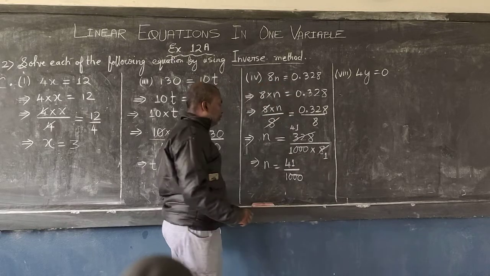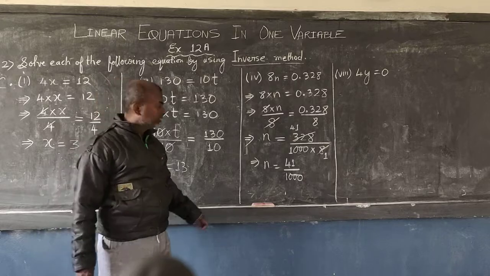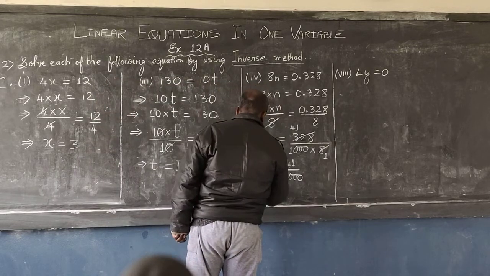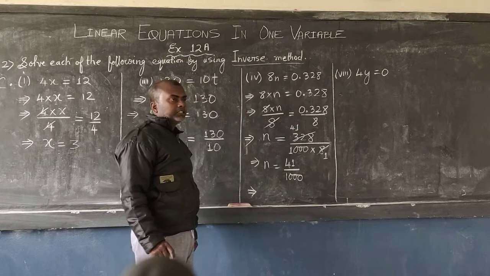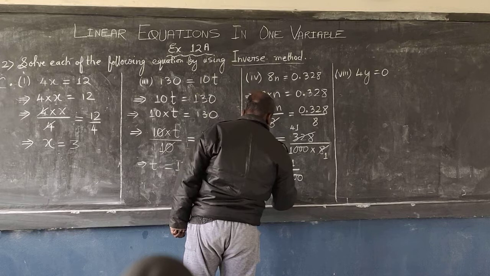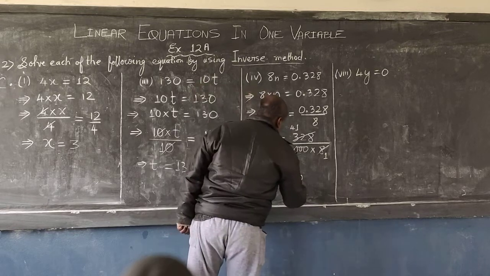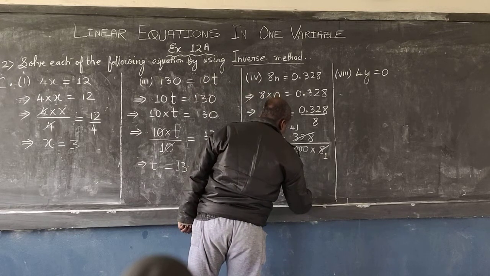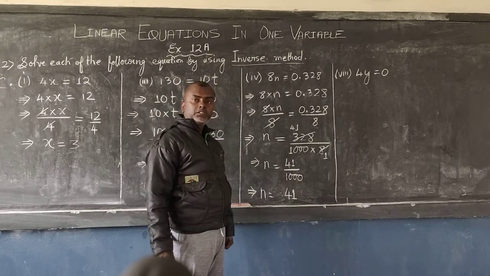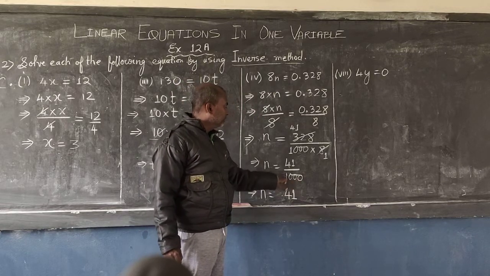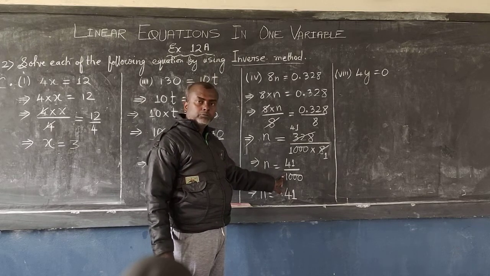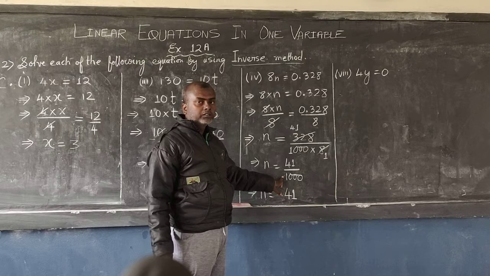Now how do you convert 41 by 1000 back to decimal again? Let's see. I hope you have not forgotten the decimal chapter I have done earlier. So how to convert that? Write the numerator as it is and count the number of zeros. How many zeros in the denominator? It has to be a multiple of 10. That means the first digit has to be 1, not 2 or 3 or 4 or any other digit.